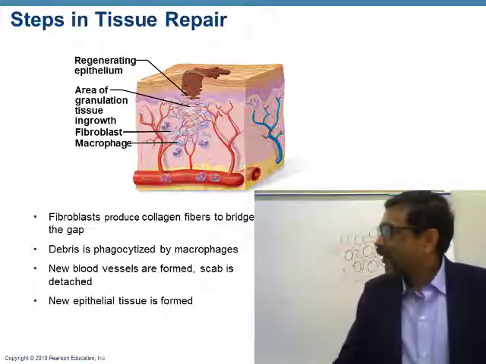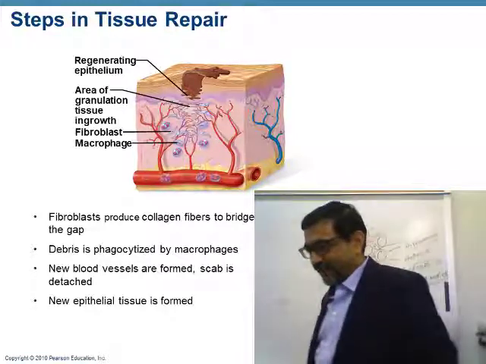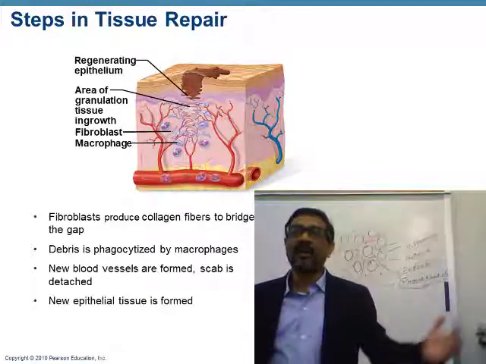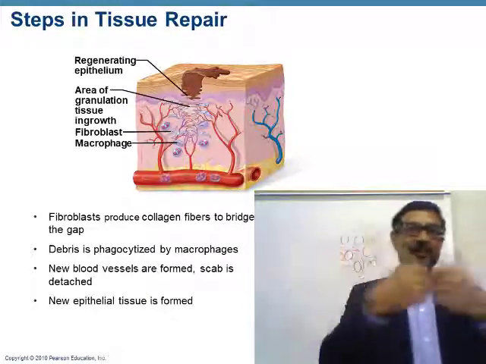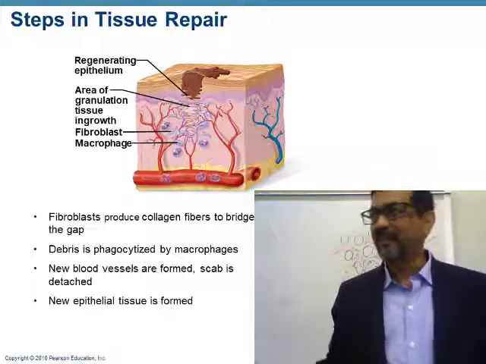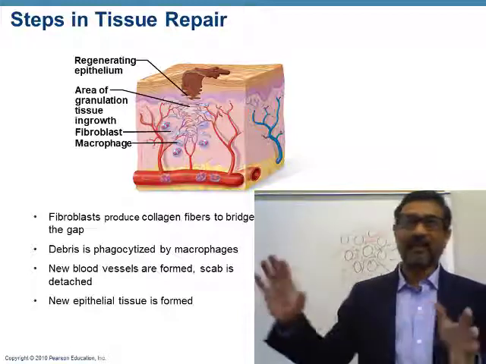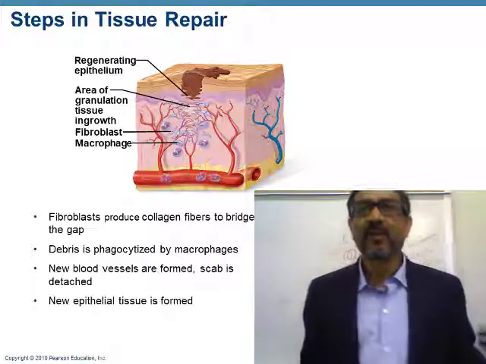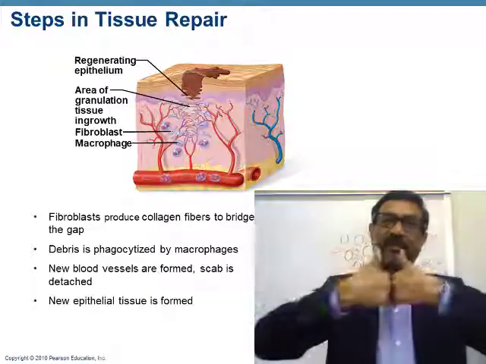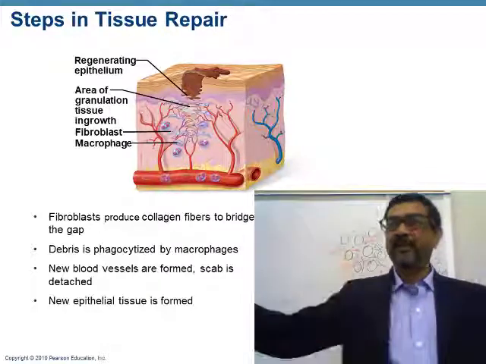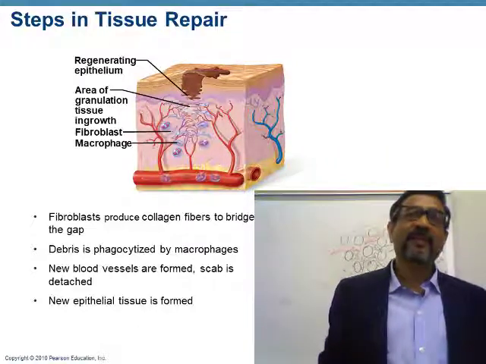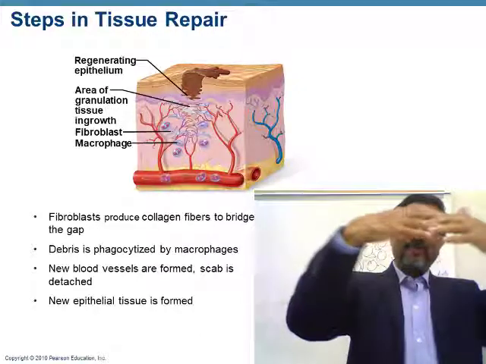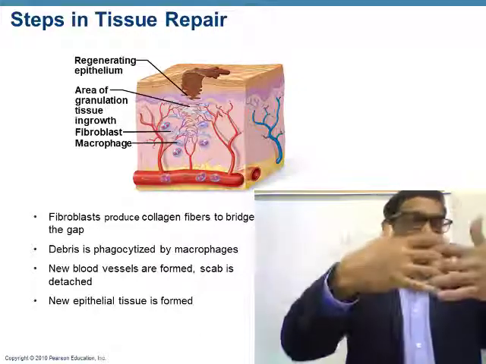Then macrophages will engulf the dead cells, dead tissue, to clean that area, because dead cells are not needed and should not be there. So macrophages engulf and remove the dead cells from that area. That is cleaning. So first is filling by the collagen fibers, filling the gap, then cleaning by the macrophages.